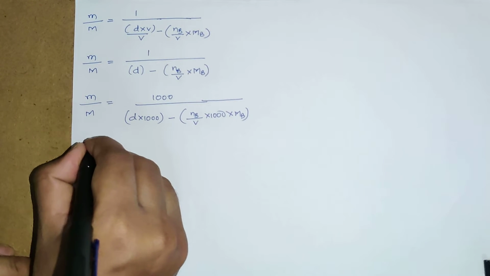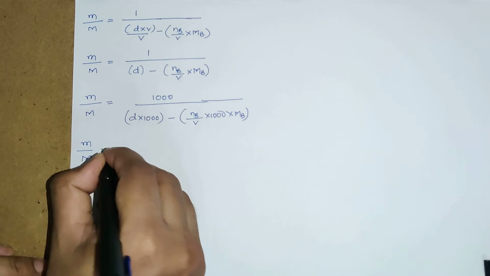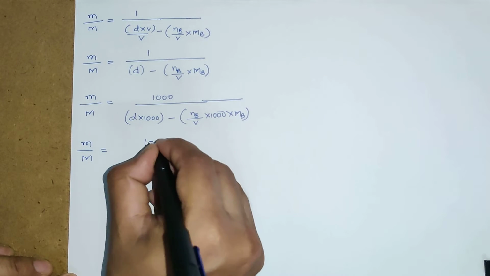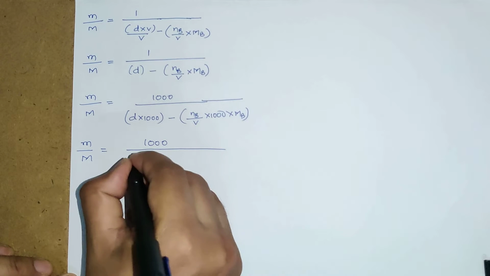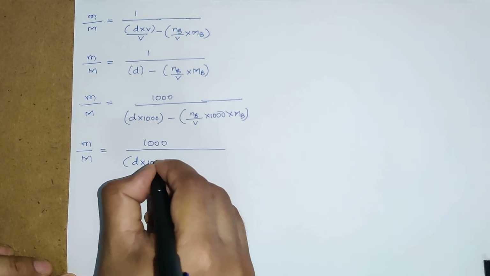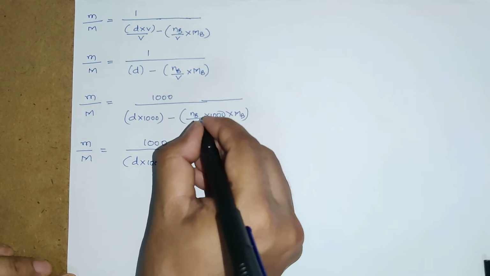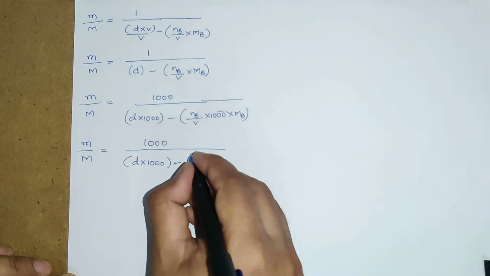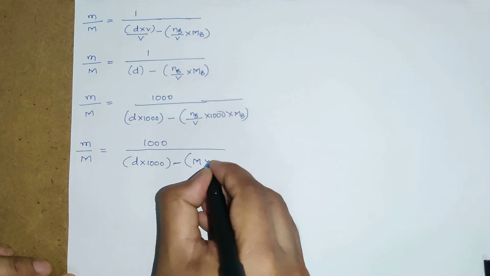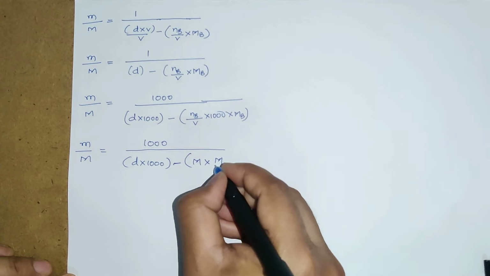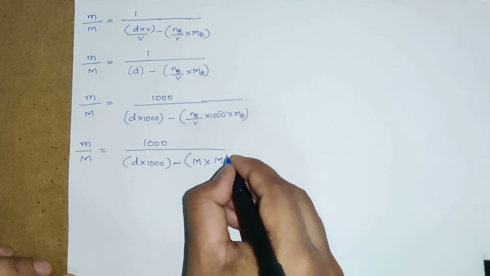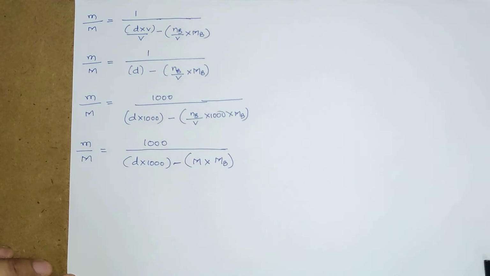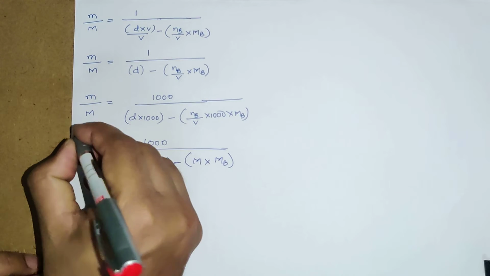Then molality by molarity is equal to 1000 by density into 1000 minus number of moles of solute in 1 liter of the solution. NB by V into 1000 we can write as M into MB. This is the relation between molality and molarity.